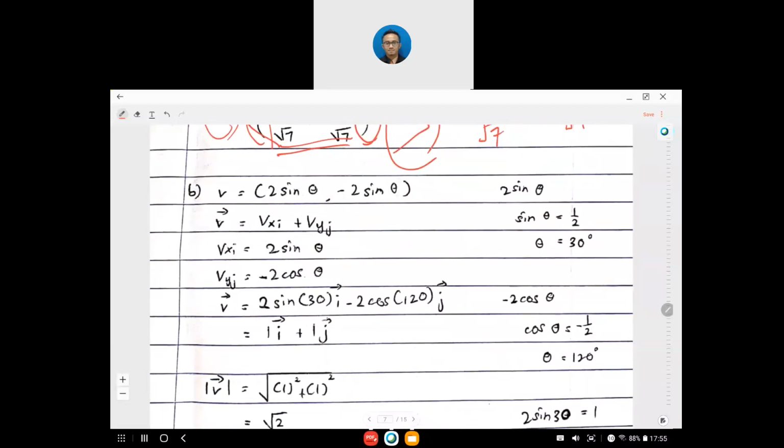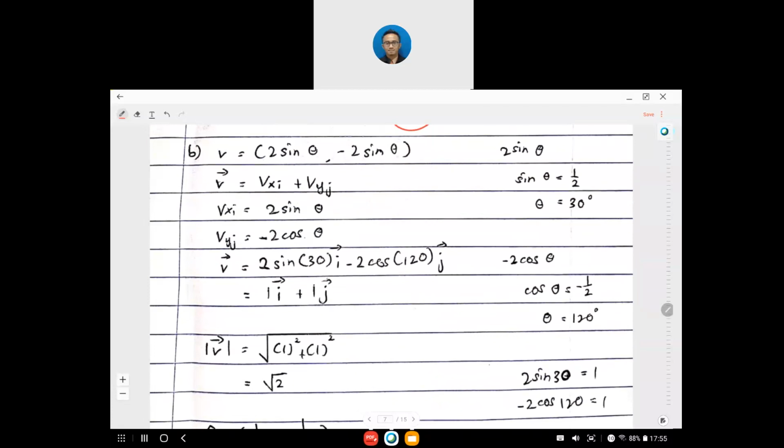Okay, question B. Vector V equal to 2 sin theta minus 2 cos theta. Ini cos, bukan sin, cos. Okay. And then write in terms of the, apa tu? Vector basis. Okay. So this one you write first in the vector basis.